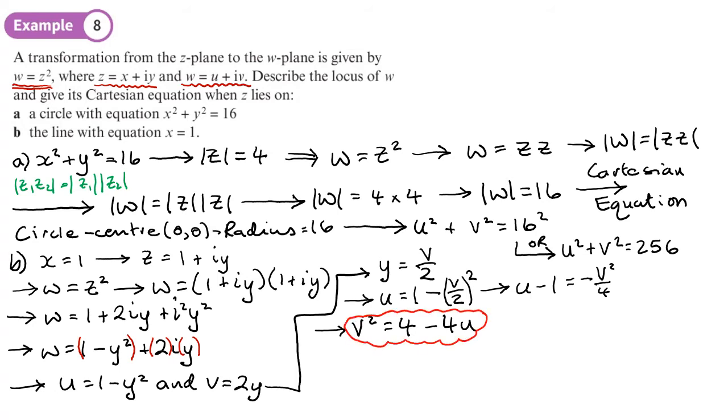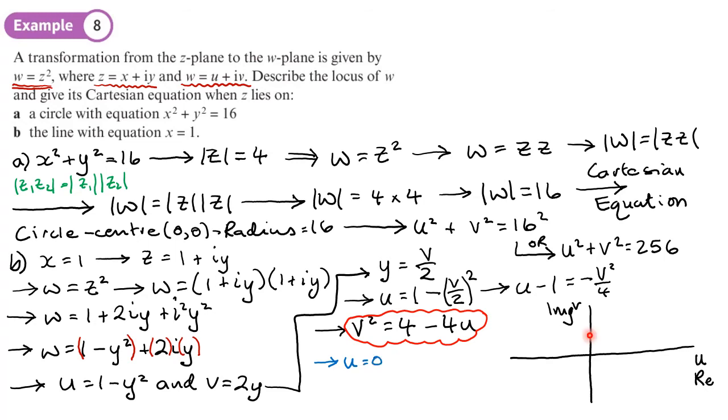Right, so there's my Cartesian equation. Now the likelihood is I'll look at that and think, I don't know what that is, I don't recognize what it is. So let's plot a few points, and then maybe we can see if it's a line, a curve, a circle. So this is our u-axis, this is our v-axis, real and imaginary here. And let's plot a few points. So the first thing we'll do is say, okay, what happens when we make u equal to 0?